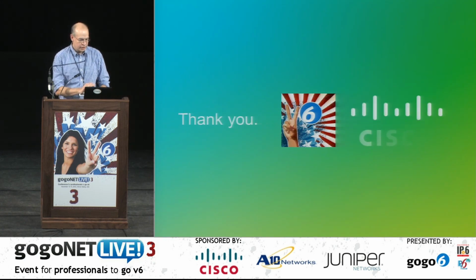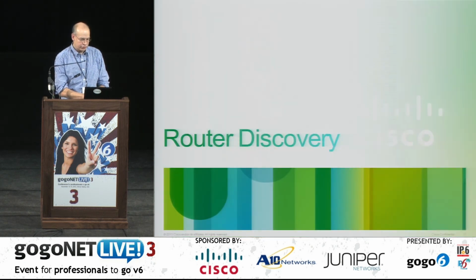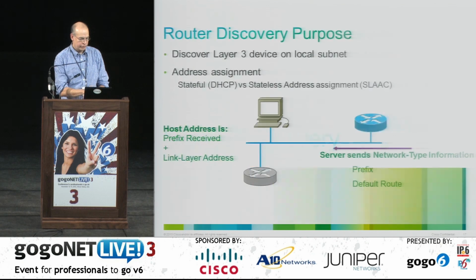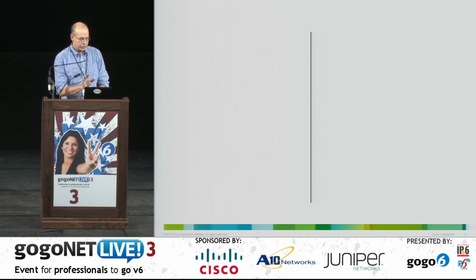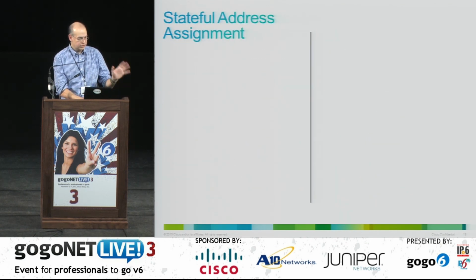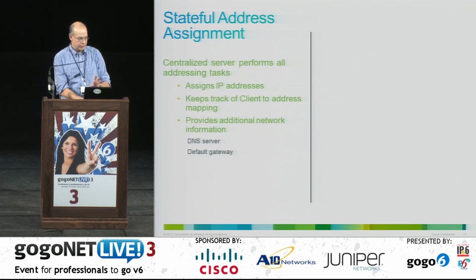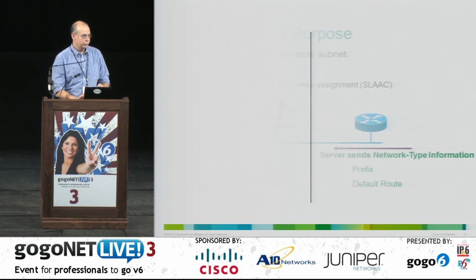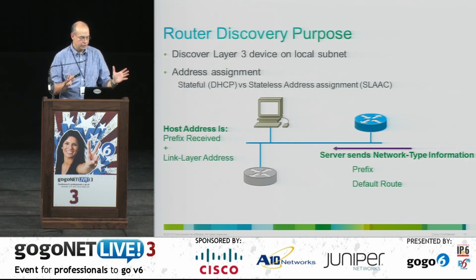As I mentioned, I'm running out of time, so the slides after this go into router discovery and how we can configure SLAAC versus DHCP stateless and DHCP stateful. So have a look through those. It gives you the overview of the technology and how to configure it. So I think that's it.